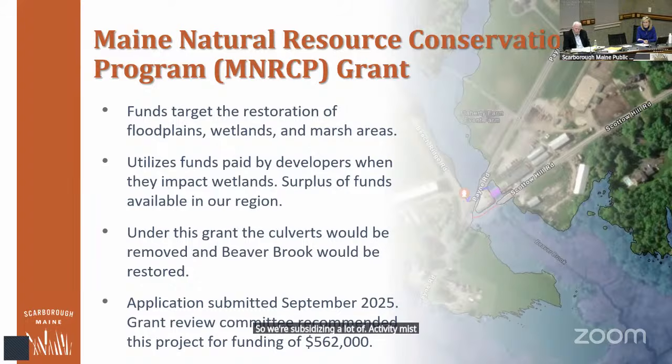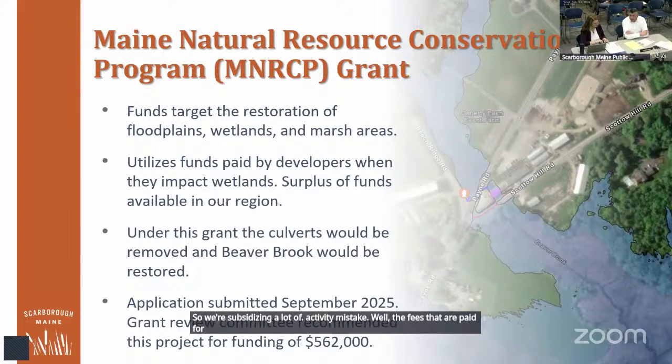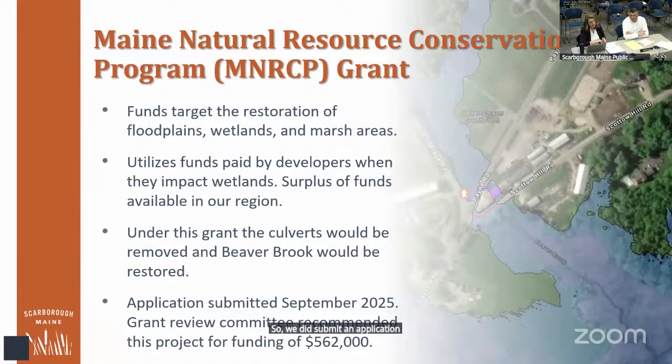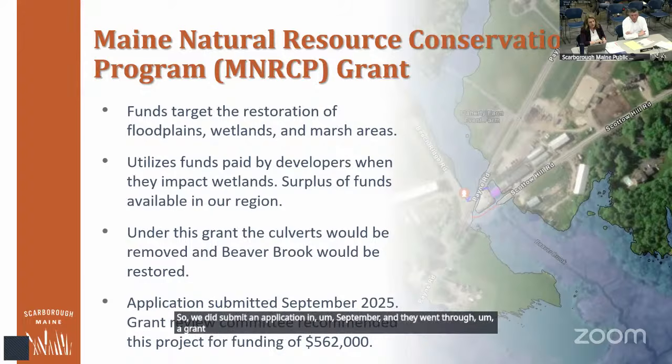Well, the fees that are paid for wetland impacts go to the state. They don't come to us. And it's few and far between where there's a project that actually brings them back to be used in the same watershed. So we did submit an application in September, and they went through a grant review committee that was formulated by a bunch of different state and federal agencies to weigh in.